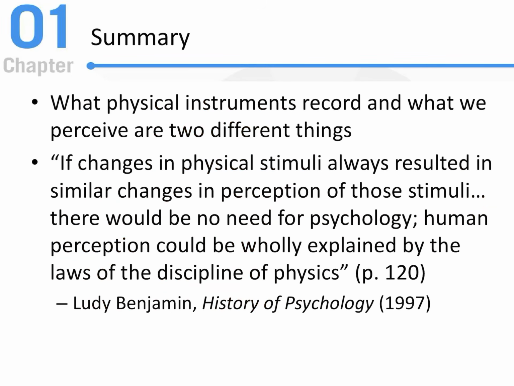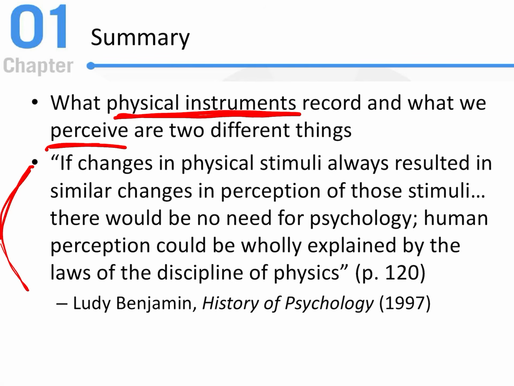So when we put all this together, what we have to measure perception, these physical instruments, can record what our brains might recognize, right? But it might actually be different from what we're able to actually talk about and what we physically perceive.